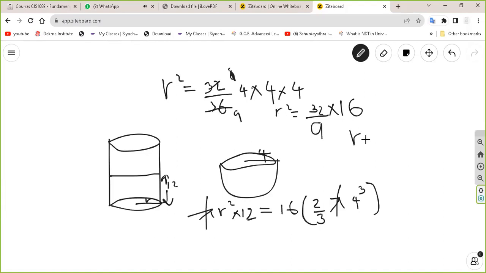R means the square root of the right side, the square root of 32 into 16 over 9.